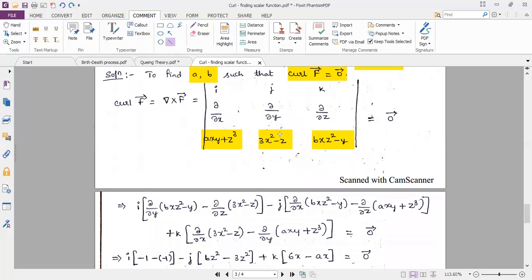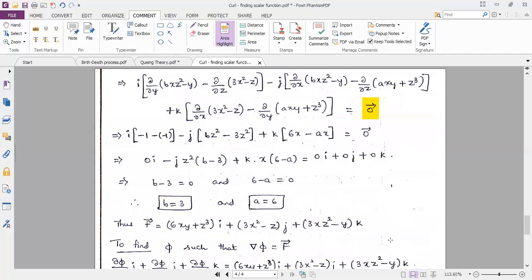That's for the j component, plus k multiplied by dou x of 3x square minus z minus dou y of axy plus z cube. And finally, that's for the k component, equated to vector 0.